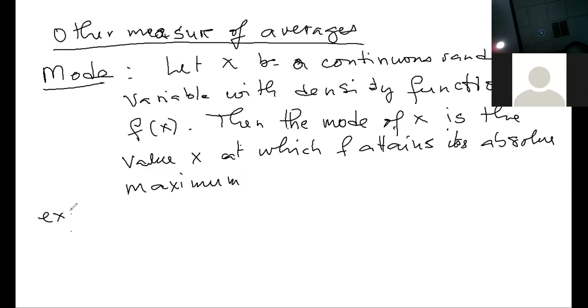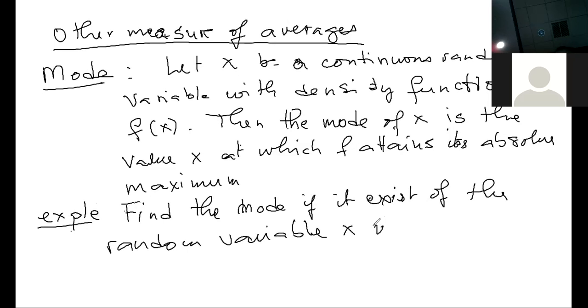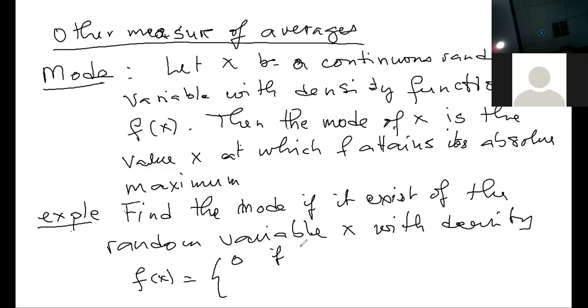Example, find a mode, if it exists, of the random variable x with density f of x equals 20 x cubed times 1 minus x, if 0 is less than or equal to x, less than or equal to 1, and 0 otherwise.